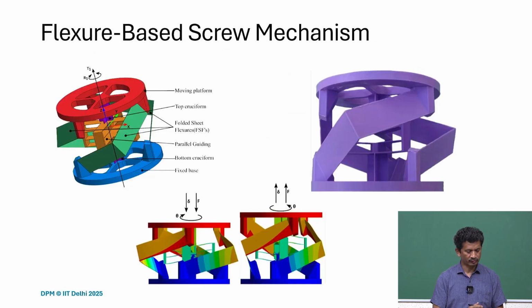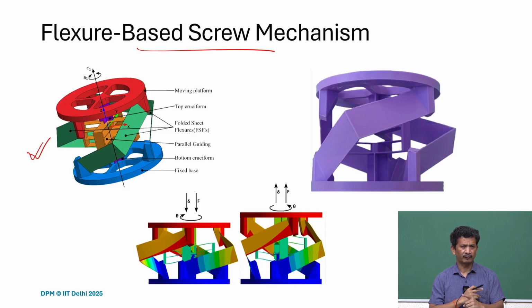Similarly, we also use a flexure based screw mechanism. So you translate and you can get a theta, or vice versa. It's back drivable. You realize that folded leaf springs, folded sheet flexures, are a very good mechanism, and if there is an offset and the fold lines are not intersecting and are placed in a certain way, it provides you the screw motion.